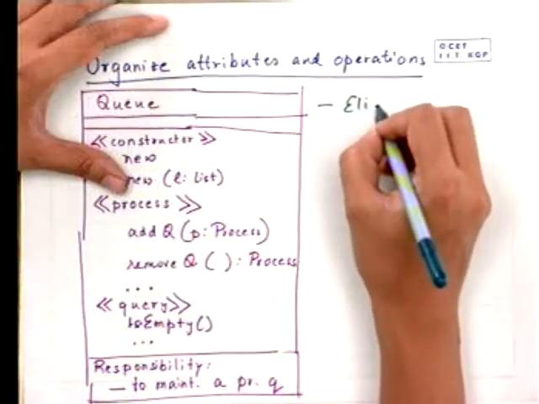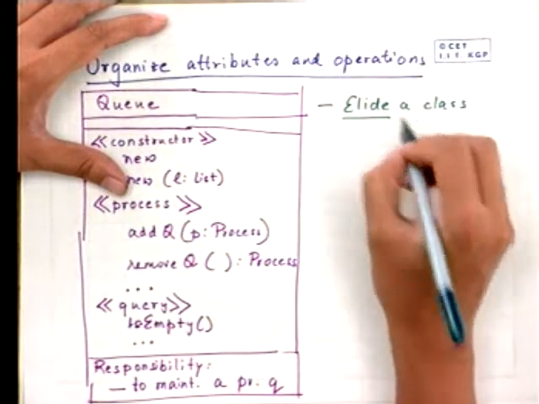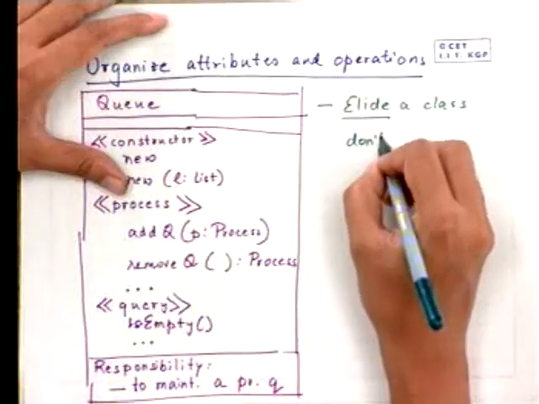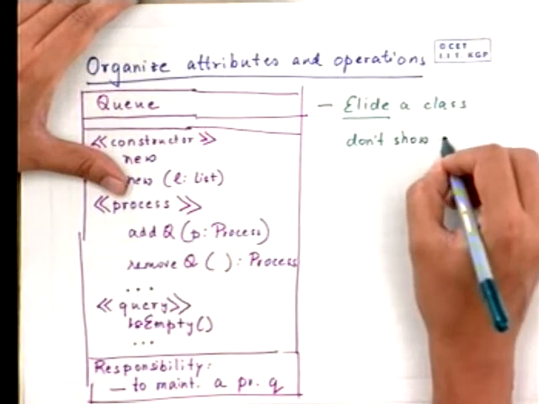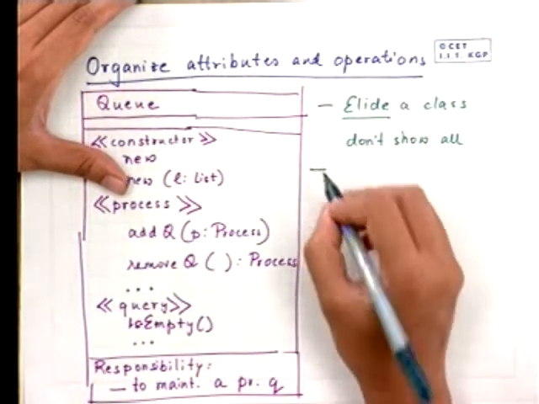Now, if we have too many attributes and operations, without cluttering them up, there are two things that we can do. First of all, we can hide some of the non-important attributes or operations. That is, we can elide a class, and we do not show all attributes or operations.